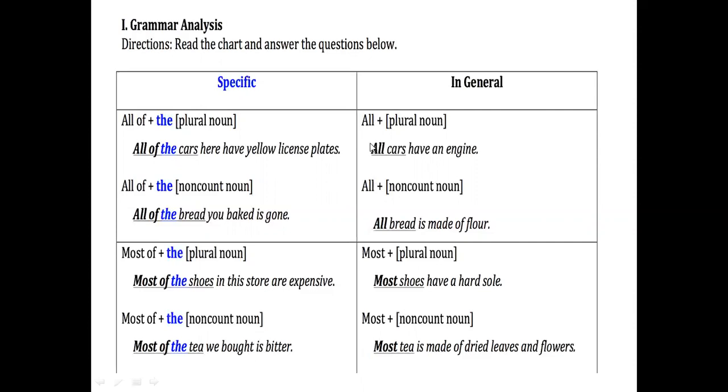And then when we use just all, we are referring to things or people in general, like this example here: all cars have an engine. I am talking about cars in general, right? We can use all with plural nouns, and at the same time, we can use it with uncountable nouns.